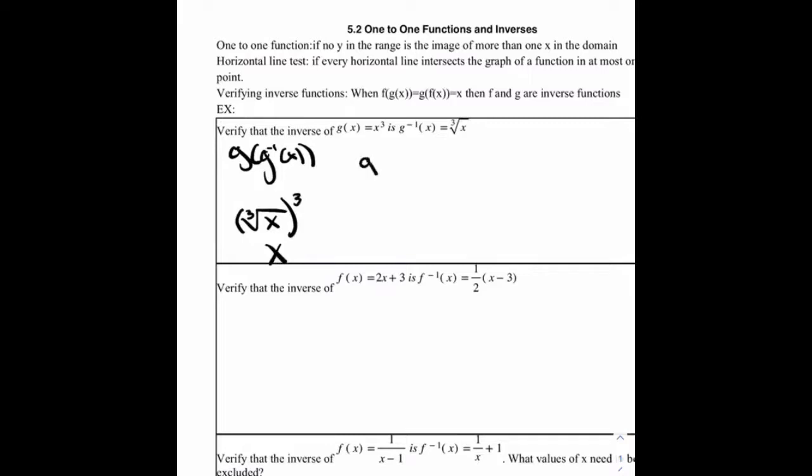Now let's do g inverse of g of x. We'll plug in x cubed into that cube root. And again, the cube gets canceled with the cube root to have x. So, therefore, these are inverses.